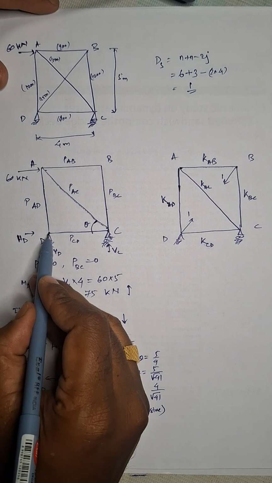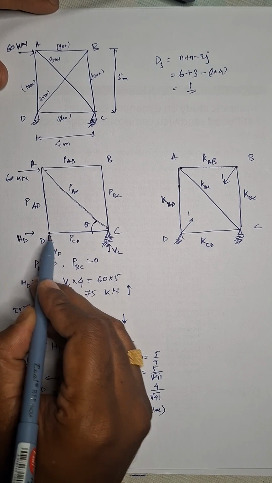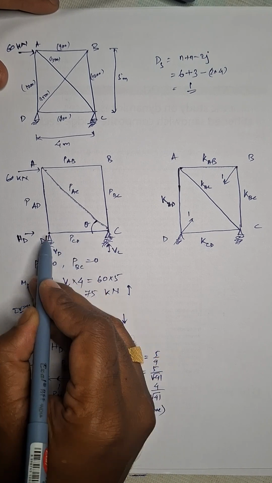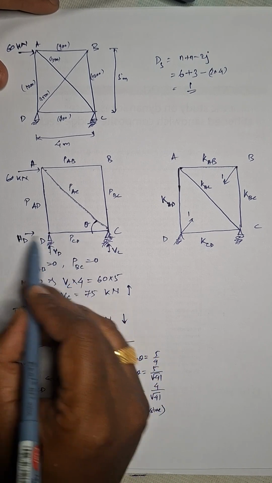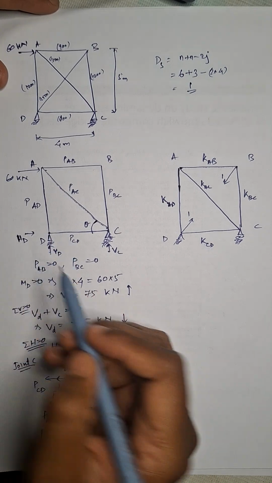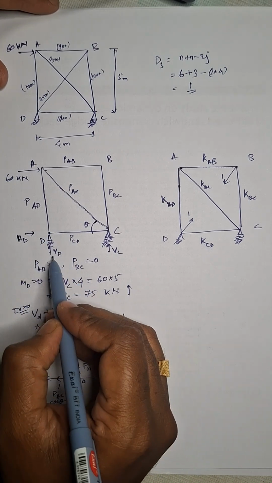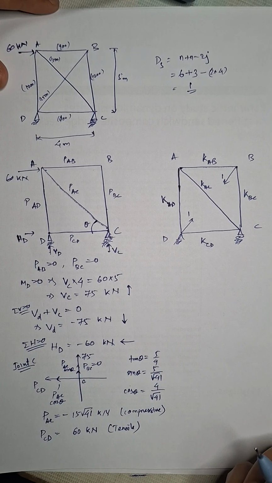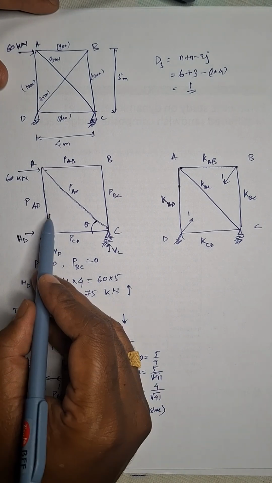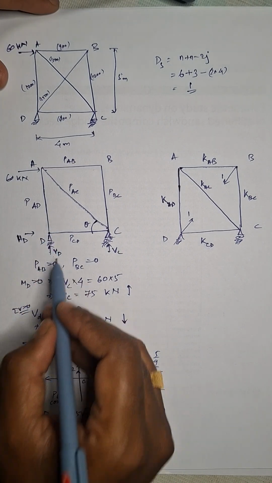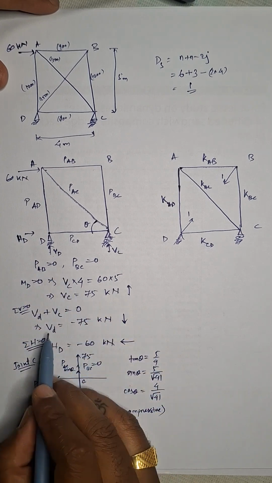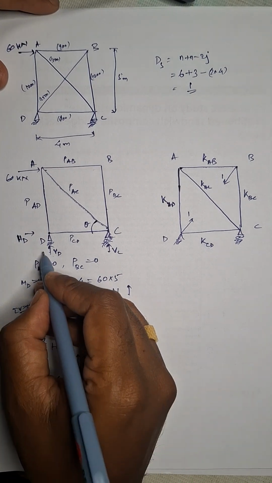Again, if you consider joint D, there are only two forces, PCD and HD in the same direction, along this direction PAD and VD. The only unknown we have now is PAD. PAD is along this direction, and VD, which is minus 75, is acting downward.